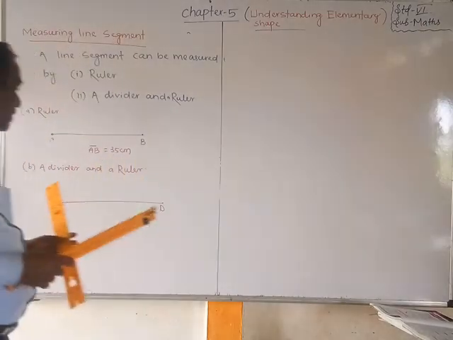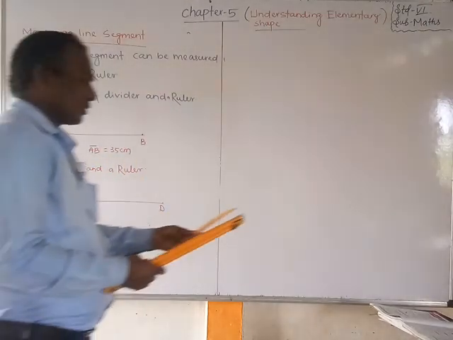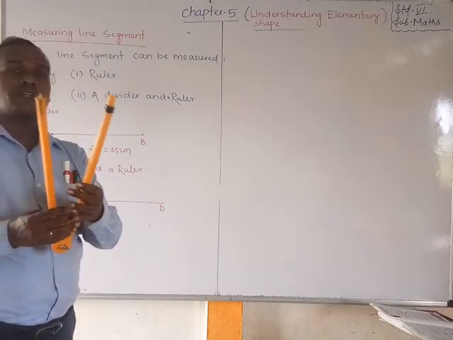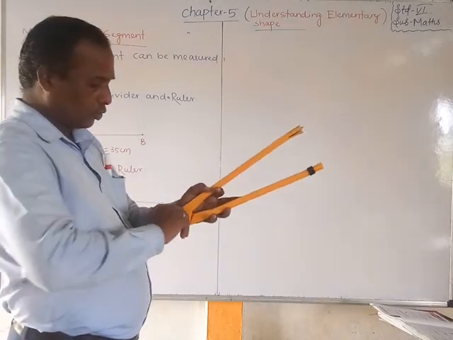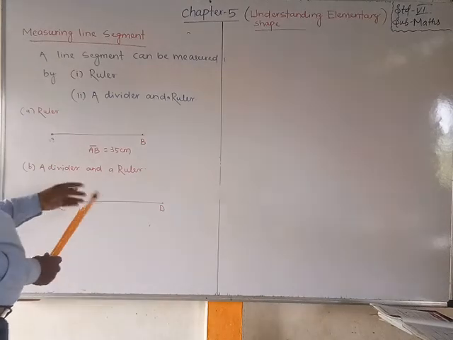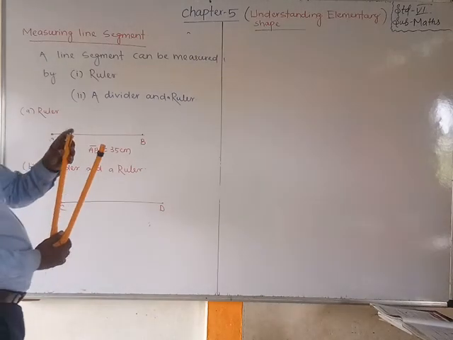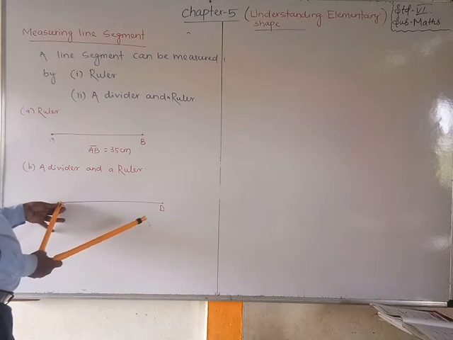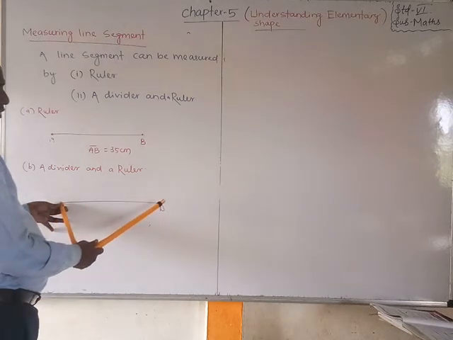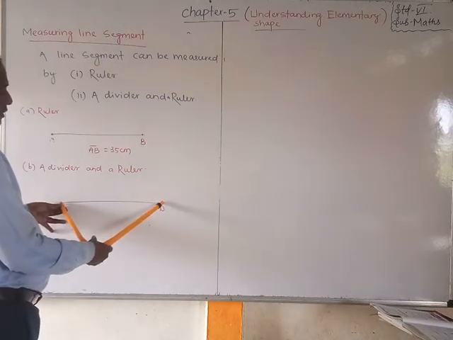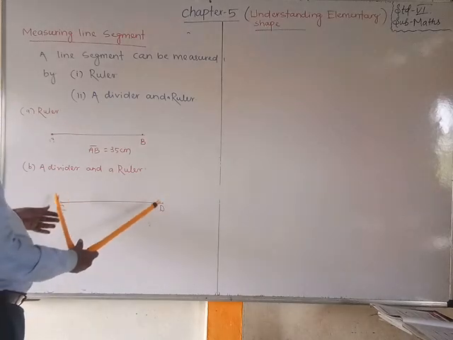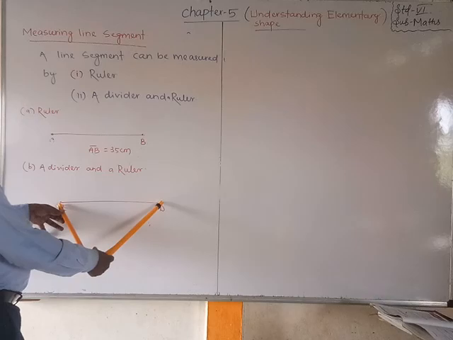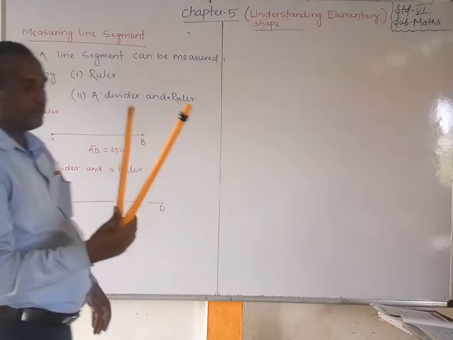First of all, take the divider and keep the needle point at one end, here. Keep the other point near D. Did you understand? Like this, one point at C and another point at D. Don't change it, keep it like this.